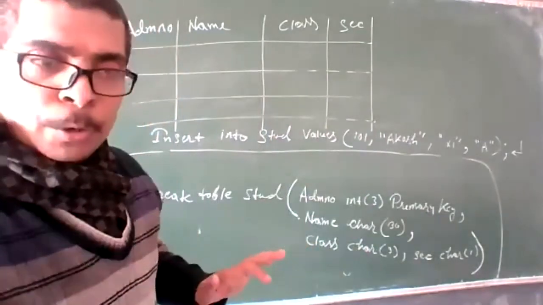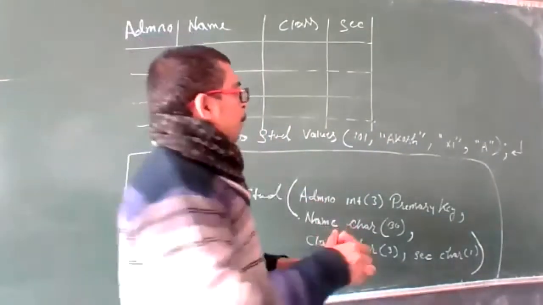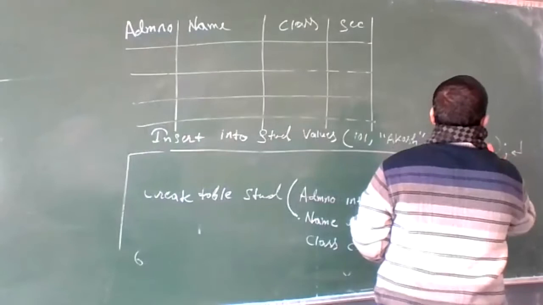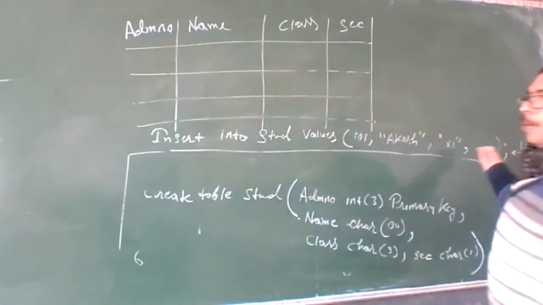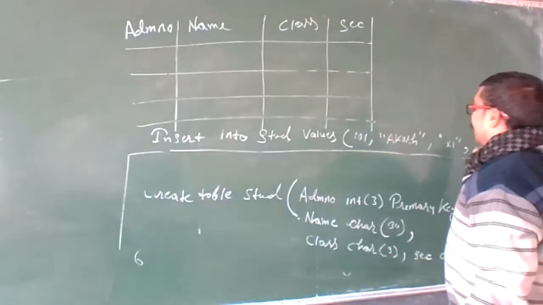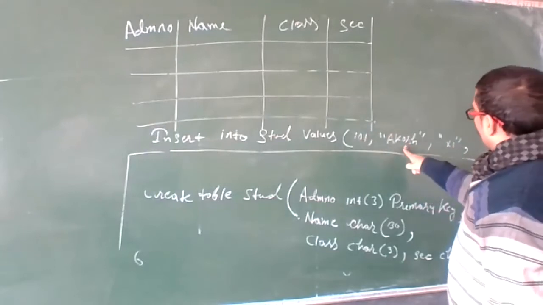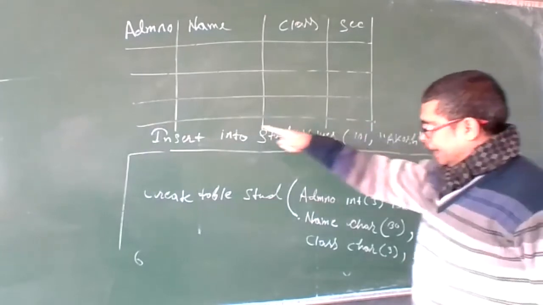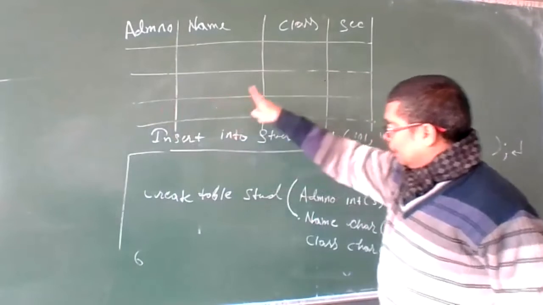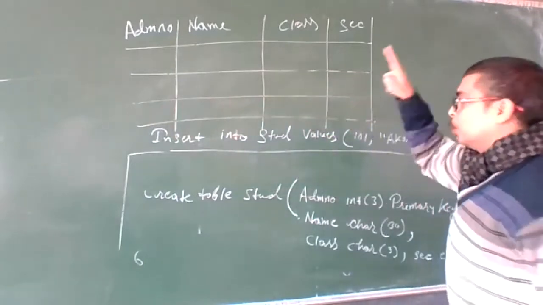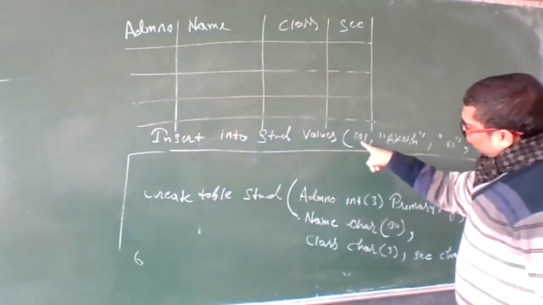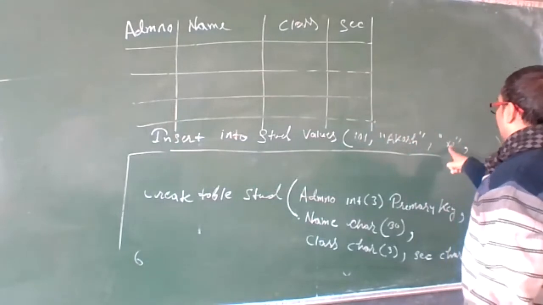Now suppose you have provided one value less, what will happen? You will see an error, because the table has 1, 2, 3, 4 fields and you gave only 1, 2, 3.